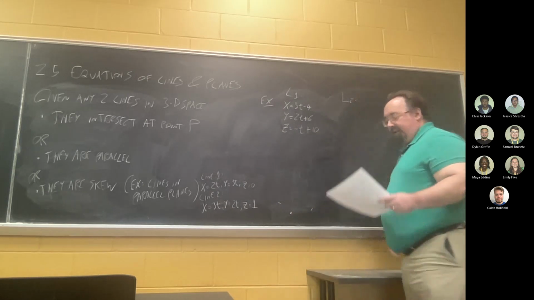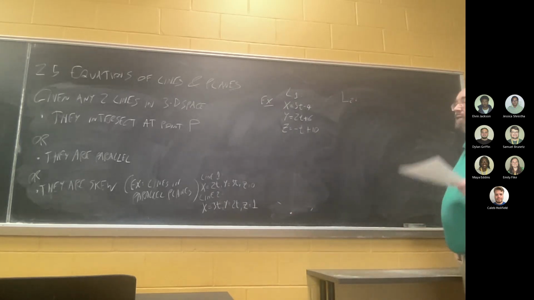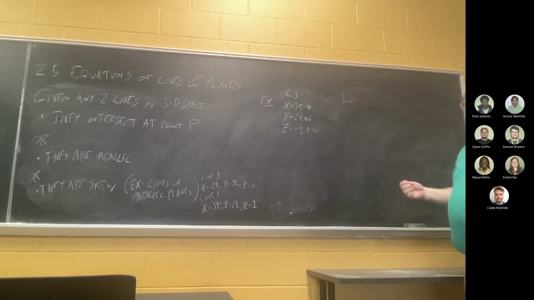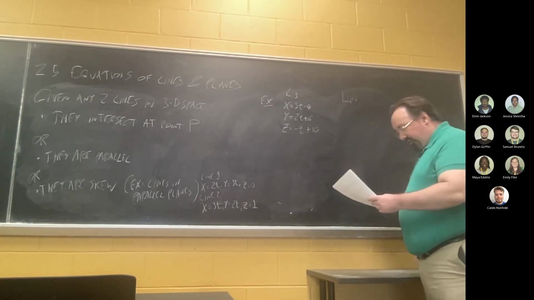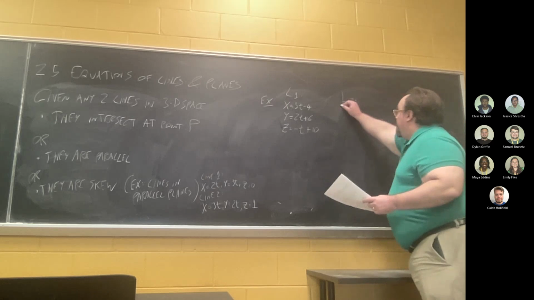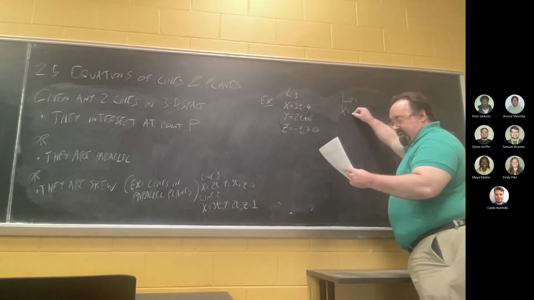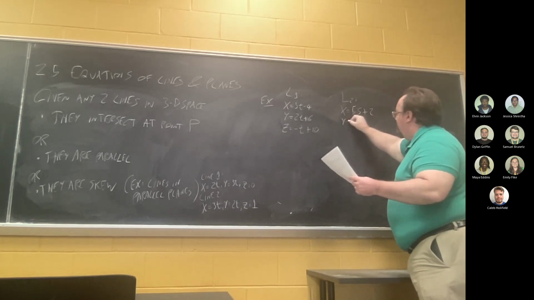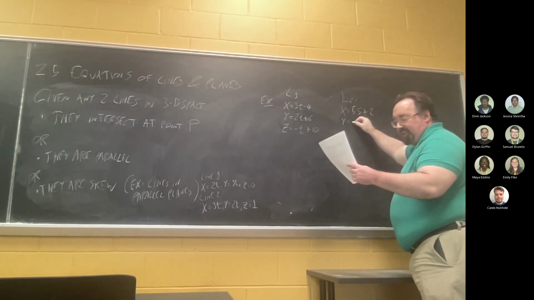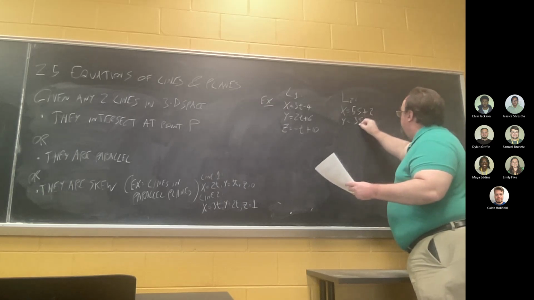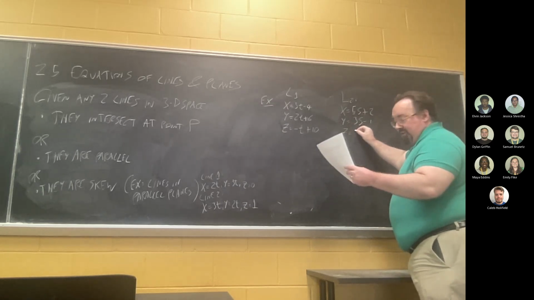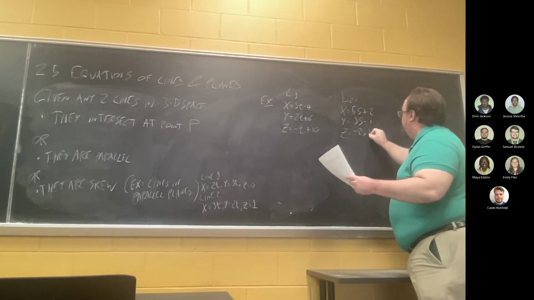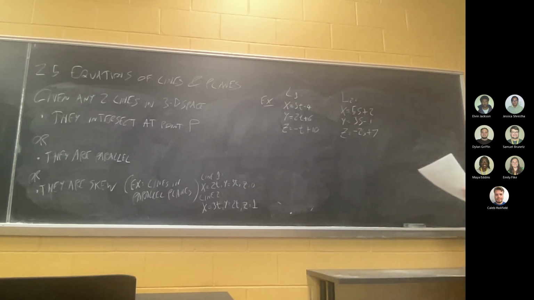And for the second line, I've also used parametric equations, but I'm going to use a different letter, because if you have two distinct lines, their parameters have to be independent of one another. So we actually have two independent variables to deal with. So x is 5s plus 2, y is 3s minus 1, z is equal to minus 2s plus 7.